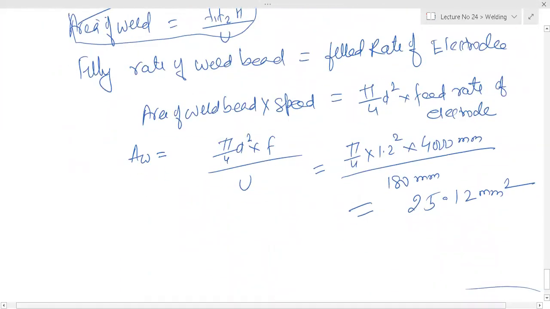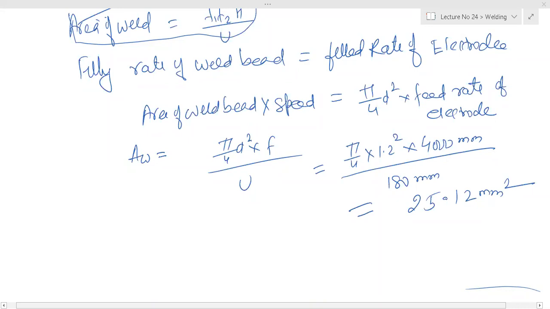Everybody getting this? Hey, what happened? Problem is not clear or what? Sir, why are we dividing 18 by 60?